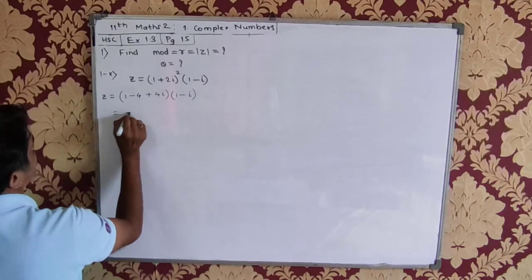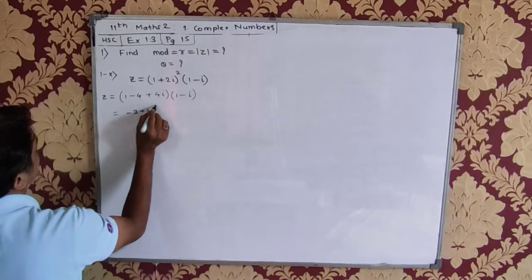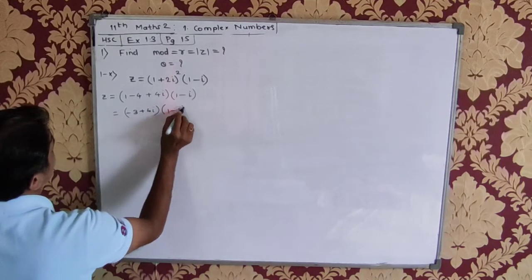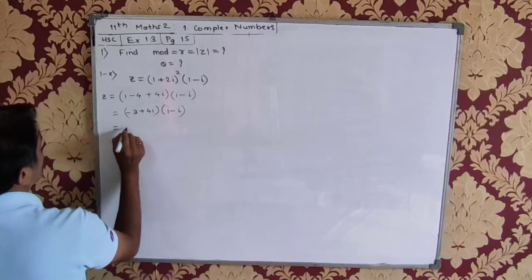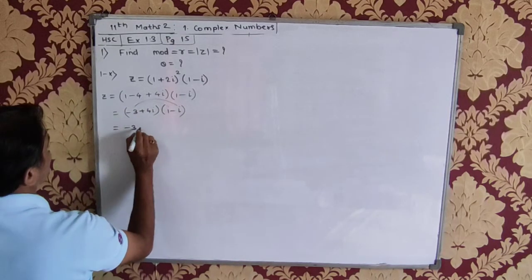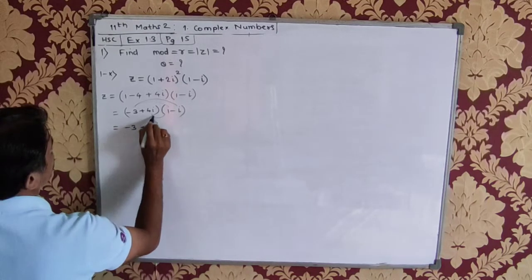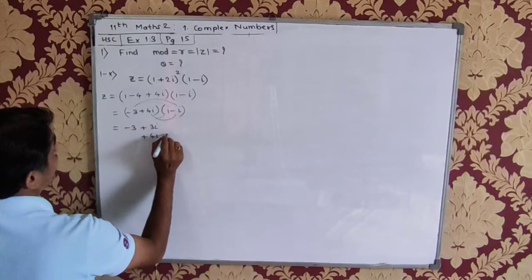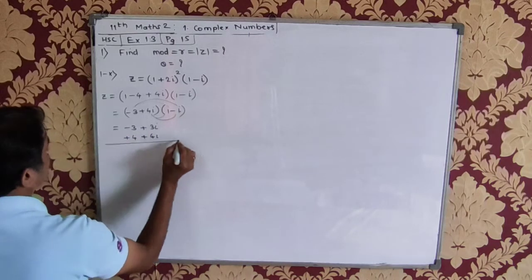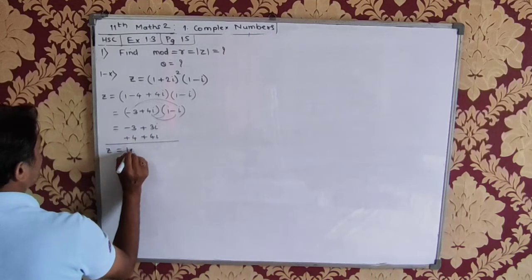So this is basically minus 3 plus 4i into 1 minus i. Multiply. Minus 3 plus 3i plus 4i, minus 4i square is plus 4. So this is z is equal to 1 plus 7i.